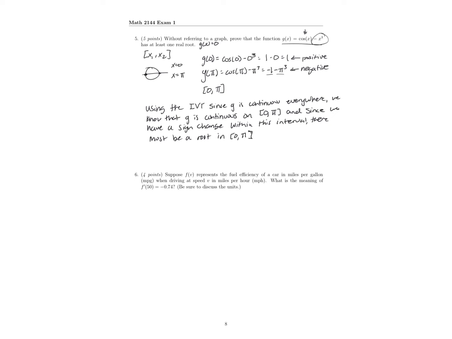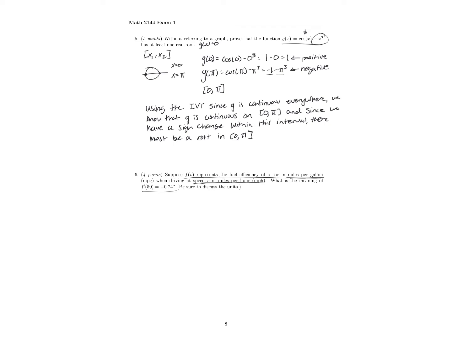Question 6 says, suppose that f of v represents the fuel efficiency of a car in miles per gallon when driving at a speed v, where v is in miles per hour. They want us to describe the meaning of f prime of 50 equaling negative 0.74, and to discuss the units. Remember, the derivative describes the rate of change of the function.